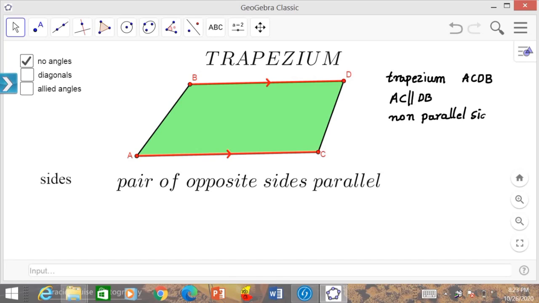Which are the non-parallel sides? Non-parallel sides are AB and DC. Which are the vertices of a trapezium? A, C, D and B are the vertices.